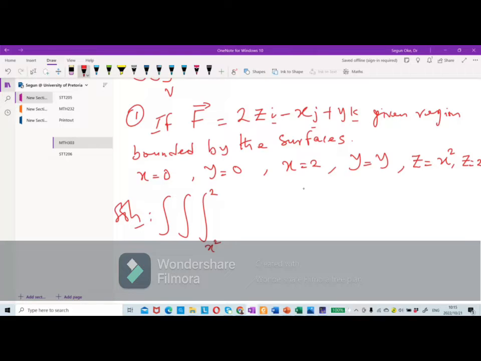So we can substitute. Who can tell me the band for the second integral? That's x, 0 to 2.